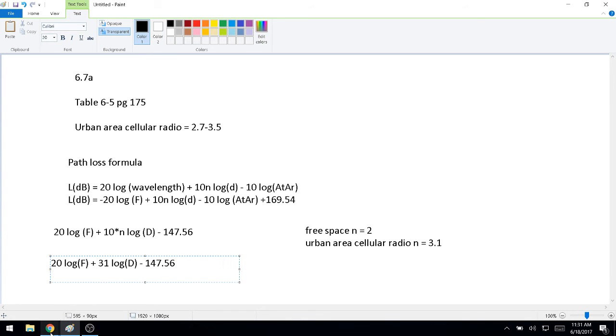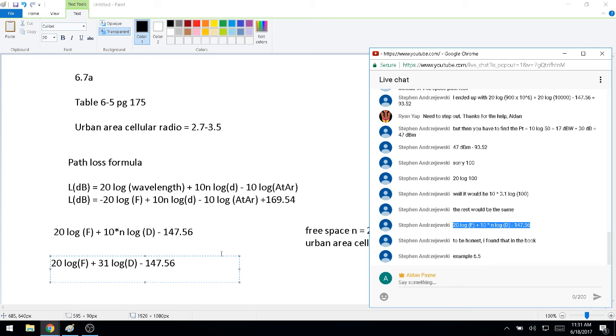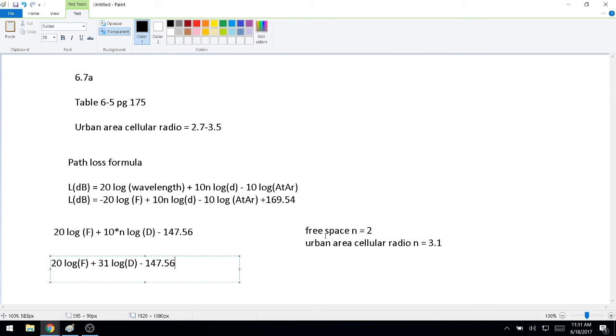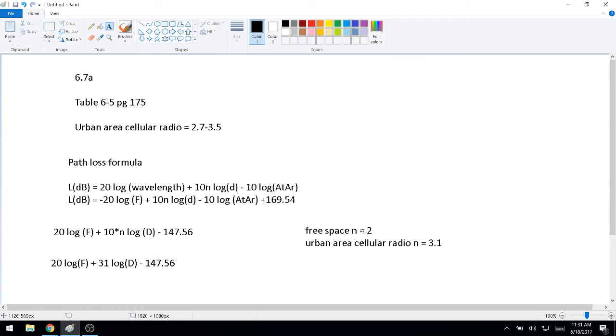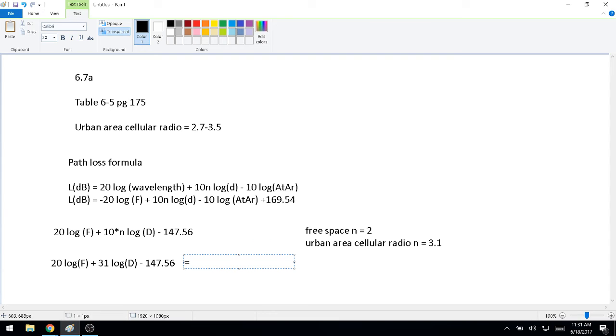We're still using the same path loss formula, except we're not using the free space exponent anymore. We're not using n equals 2. We're using n equals 3.1. So if we do the math here and plug in the numbers, we get 93.52 as our loss.